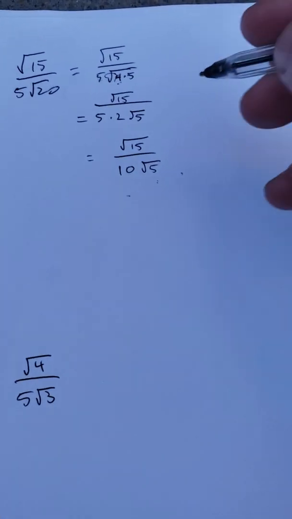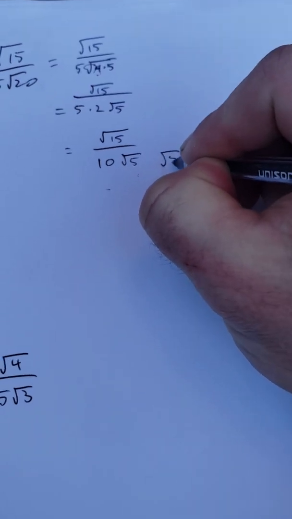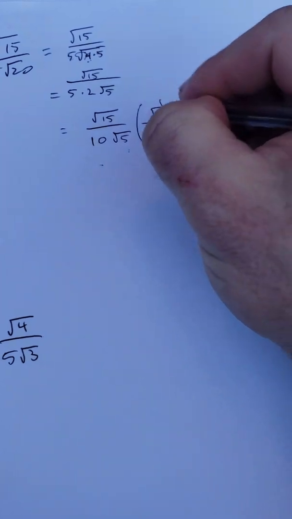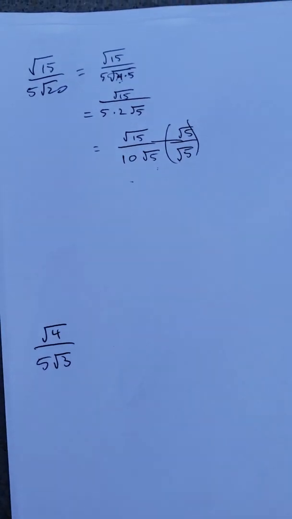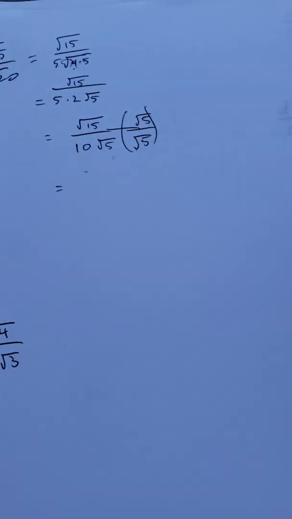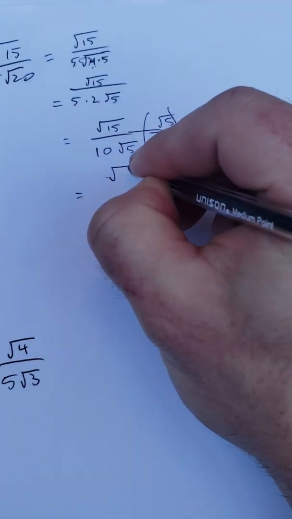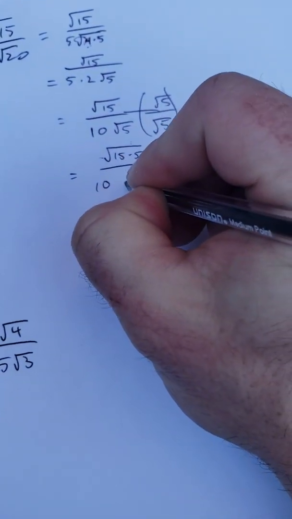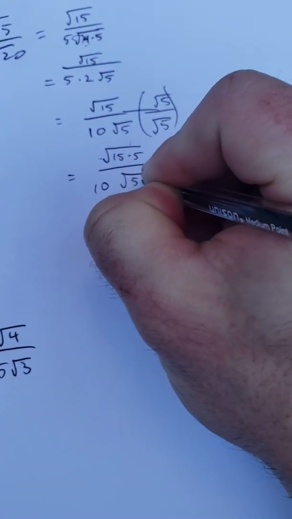So if I take this here and multiply it times square root of 5 over square root of 5, I didn't change the value. And when we multiply fractions, remember, we just go straight across. So this is the same thing right here as square root 15 times 5 over 10 square root 5 times square root 5.